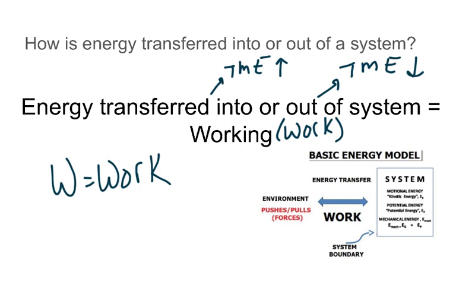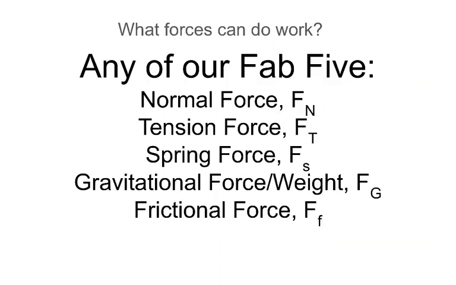Well, let's talk about how we can get work done on a system, or how the energy can increase in a system. So we talked about all these forces except for this one. Actually, I'm not going to erase it because we are going to talk about something that has to do with the spring. So a spring force, like I said, we didn't talk a lot about. We did the Fab 4 for our forces, but there's really also a force you can get from a spring.